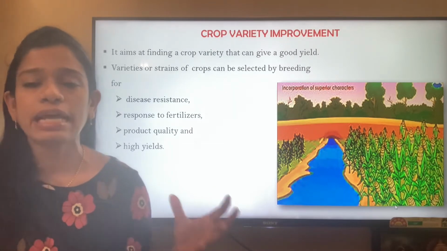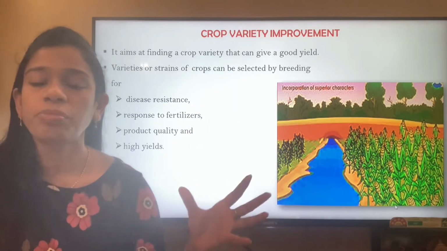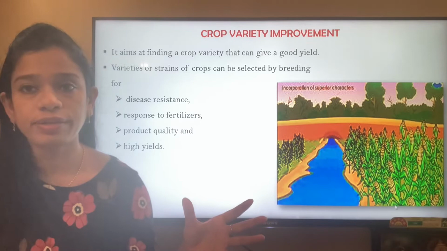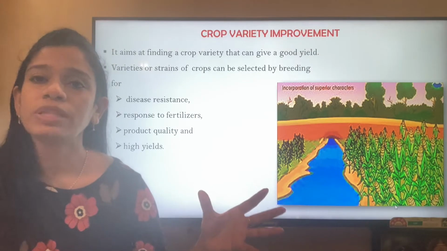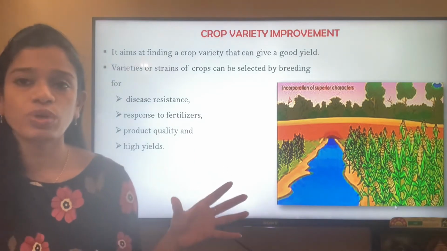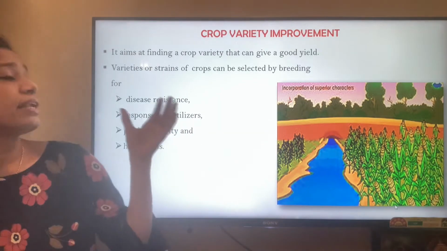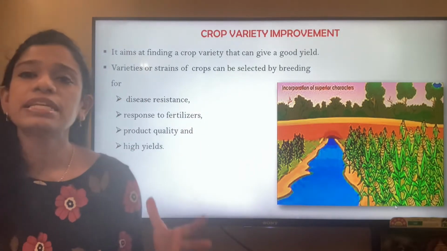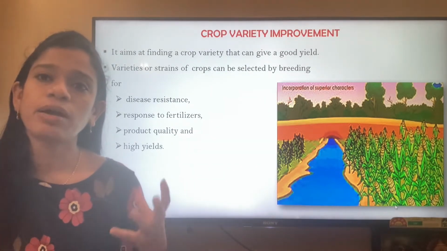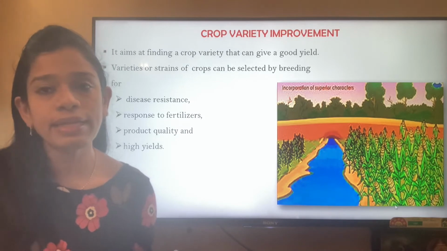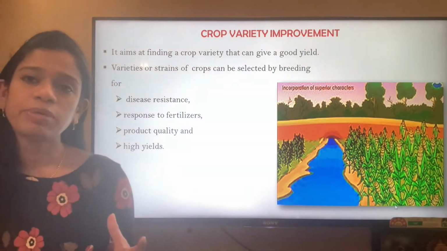How will we tell that a particular variety or a particular seed gives us good yield? We must know that this particular seed gives a good yield and is selected by breeding. How to select a particular seed which is good in yield is done by the methods of breeding.